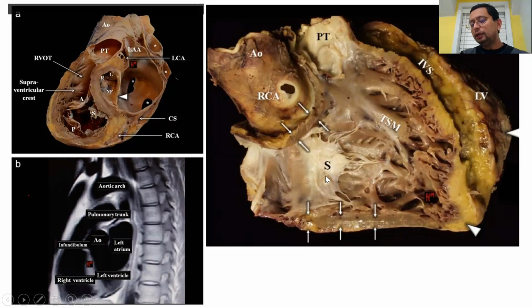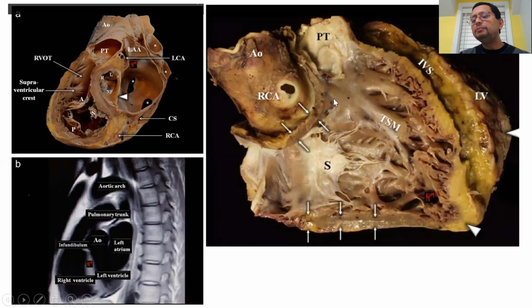So you have one here, inlet VSD, and one here, muscular VSD. Now if this is in, this is out. So any hole here is called an outlet VSD. There is one other type of VSD, which is between the annulus of the pulmonary valve and the septal leaflet, somewhere here.